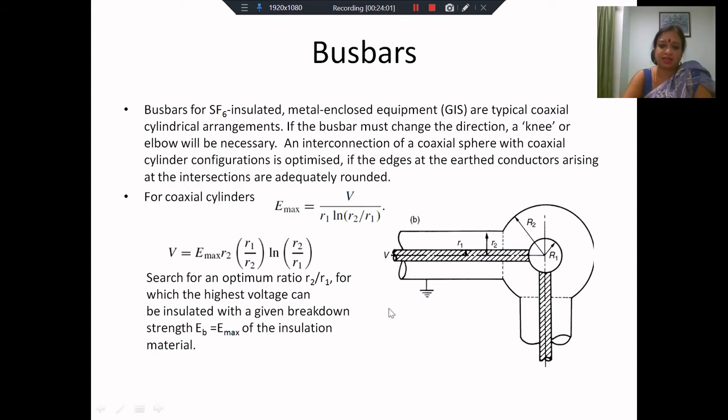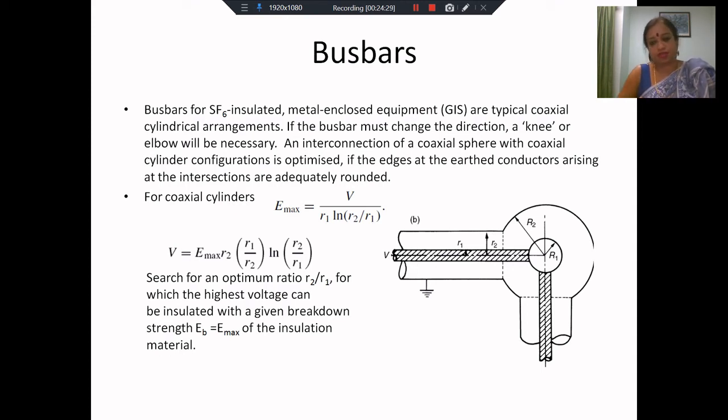So let us assume R2 to be fixed, and that is a kind of rational assumption. If I consider R2 to be fixed, then I need to search for an optimum ratio of R2 by R1 such that I can have the highest voltage I can apply to the conductor, and I would have sufficient insulation.